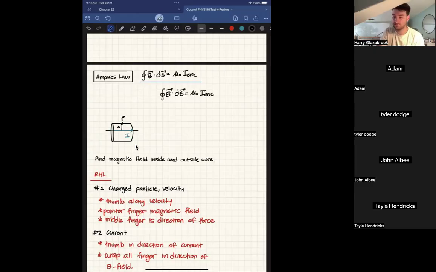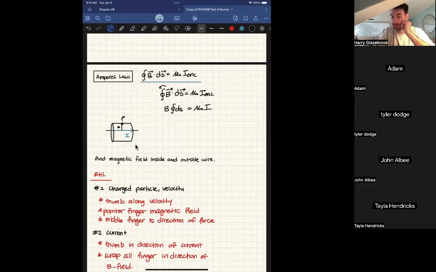So first things first, you're never going to use this integral because the magnetic field is always constant. So we take it out. That's just going to be the magnetic field. Here's mu naught. The current enclosed is just I. And then all this ds is just going to be the circumference if you were to walk in a line around your object.